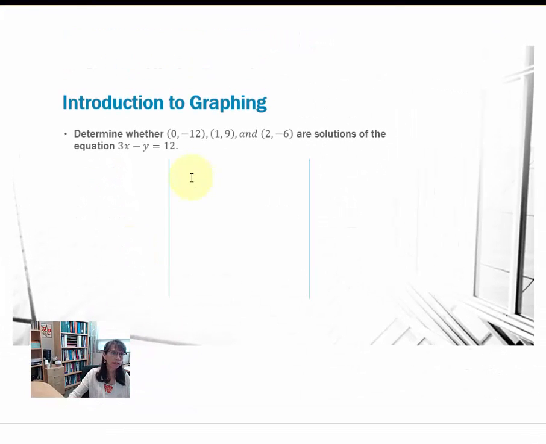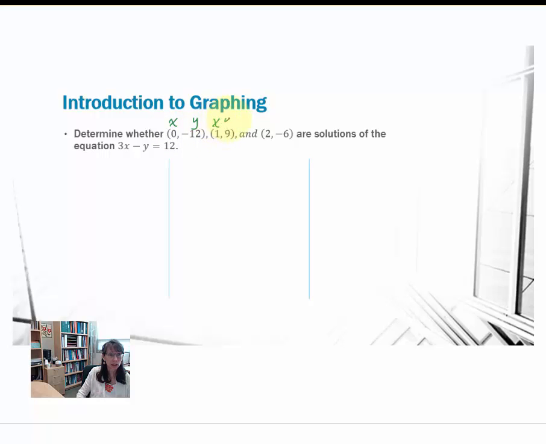And the last thing we're going to do with our introduction for graphing is to determine whether these ordered pairs are solutions to this given linear equation. So remember, ordered pairs are X value first, Y value second.